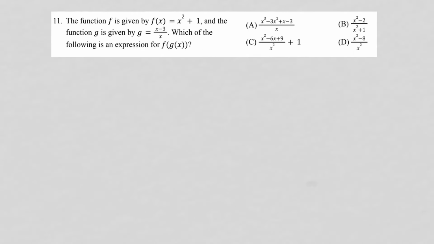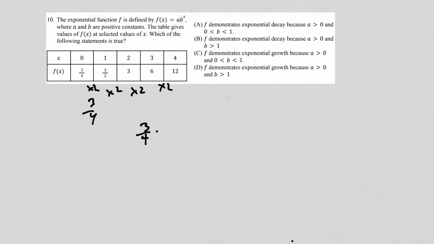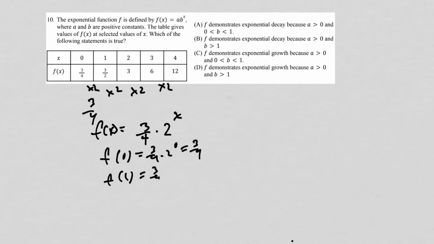So what this means is that 3/4 is my a value and 2 is my b value. Because that way, when you put 0 in for x, f of 0 is 3/4 times 2 to the 0, which is just 3/4. But f of 1 is 3/4 times 2 to the 1, which is 3/2. So it agrees with that.